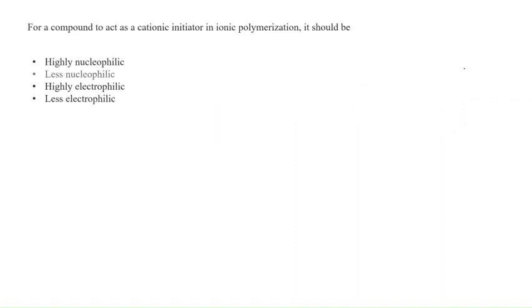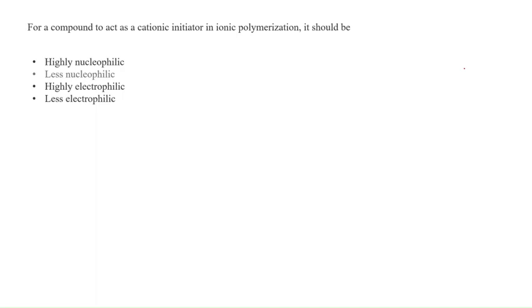Next question: for a compound to act as a cationic initiator in ionic polymerization, it should be what? For the cationic initiation process, as we saw in the previous question, if it is excessively nucleophilic, it limits the utility of strong acids as cationic initiators. So it should be less nucleophilic, and the less nucleophilic option is the answer.